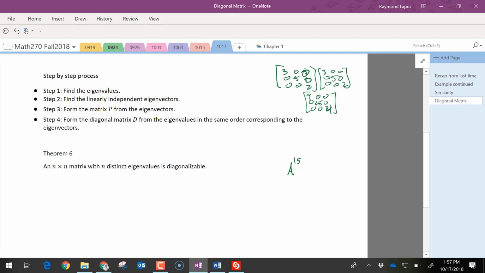So it turns out that if you take a diagonal matrix to a power, it's like taking each diagonal entry to that power. That's a nice property for diagonal matrices.